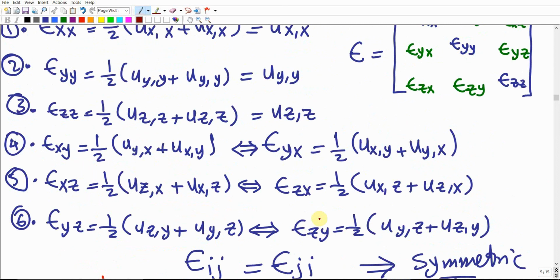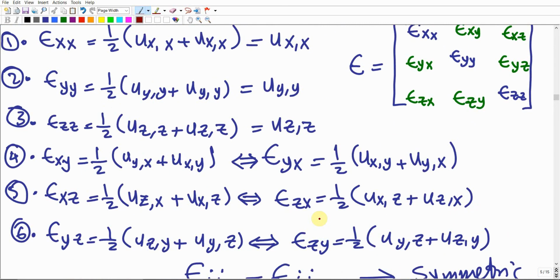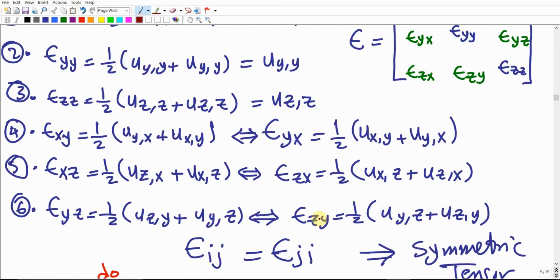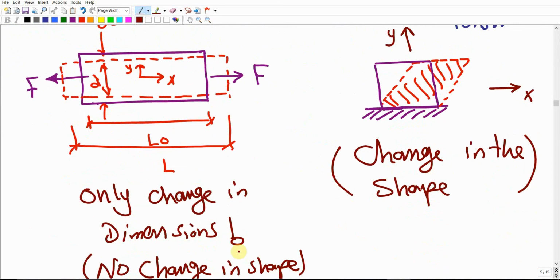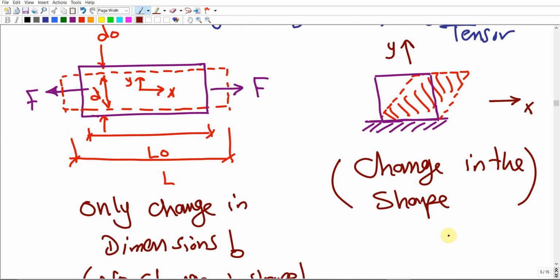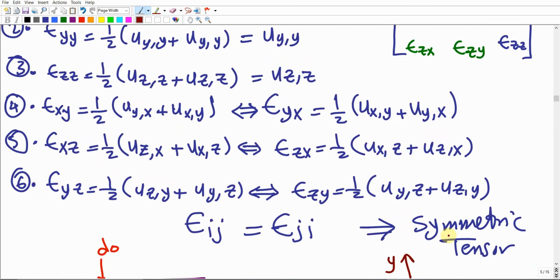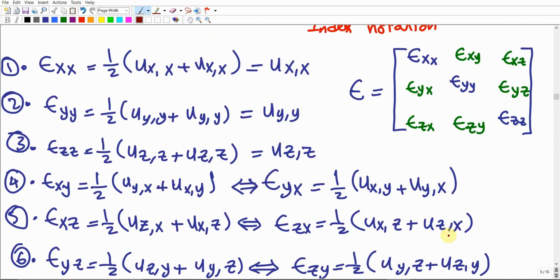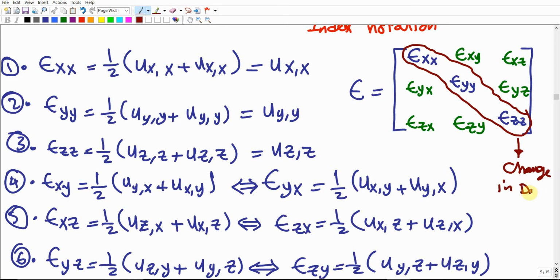So that's why, in the strain tensor, all of these 6 components, some of them describe only change in the dimensions, and some of them describe only changes in the shape. The components that describe the change in the dimensions are only the diagonal components. These diagonal components describe a change in dimensions.